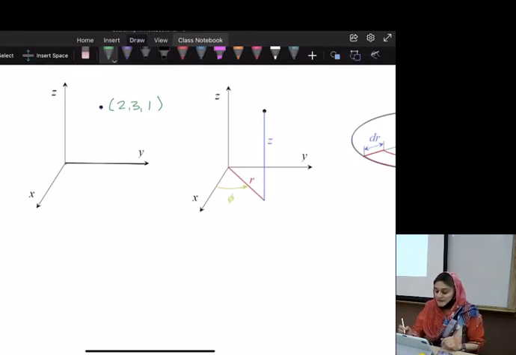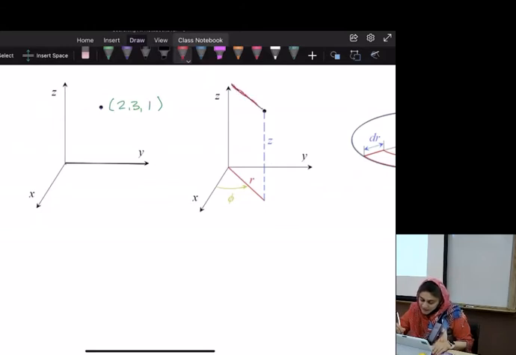One of the things it will require is drawing a projection. So I'm now on figure 2. Down onto the XY plane, this radius at the bottom is the same as that radius at the top.